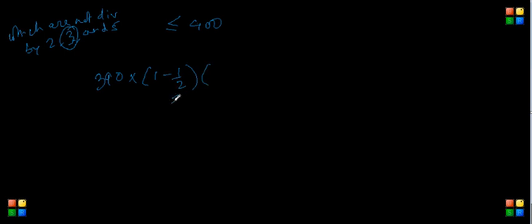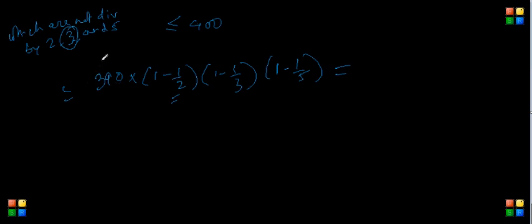I am excluding all the numbers which are divisible by 2. I am excluding all the numbers which are divisible by 3, and I am excluding all the numbers which are divisible by 5. So ultimately this is the total number of numbers less than or equal to 390 which are not divisible by 2, 3 and 5.